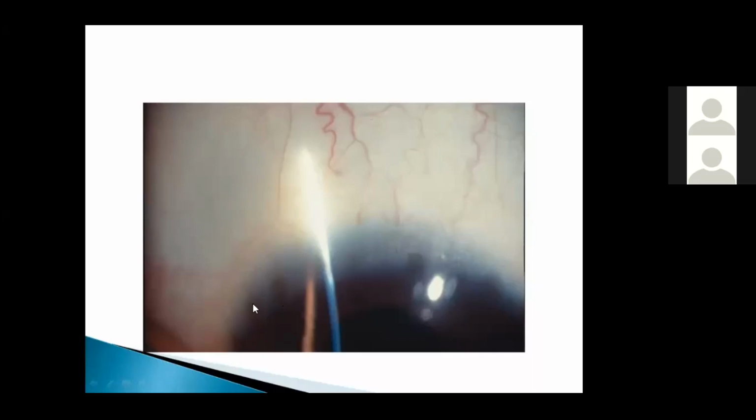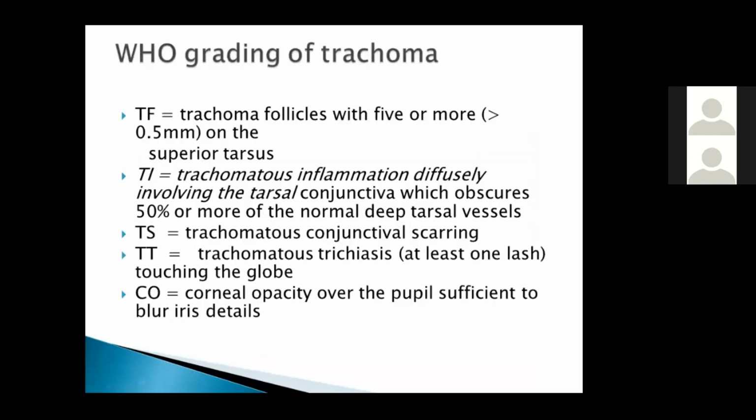This shows previous follicular inflammation. These are what we call Herbert's pits. They look like holes, so we call them pits. If we see this, and if we see corneal opacity, we will know that this is a trachomatous corneal opacity.